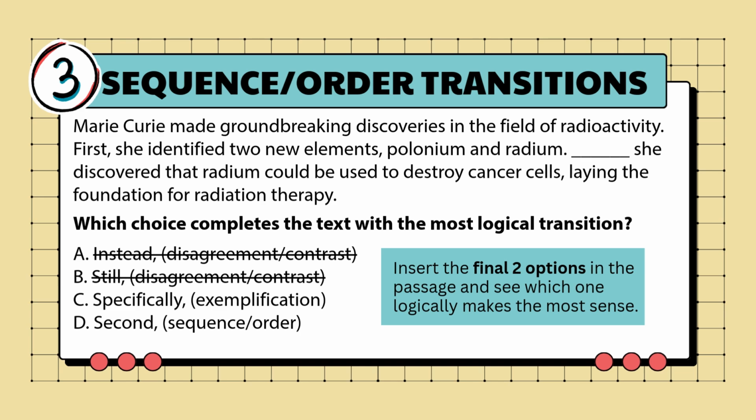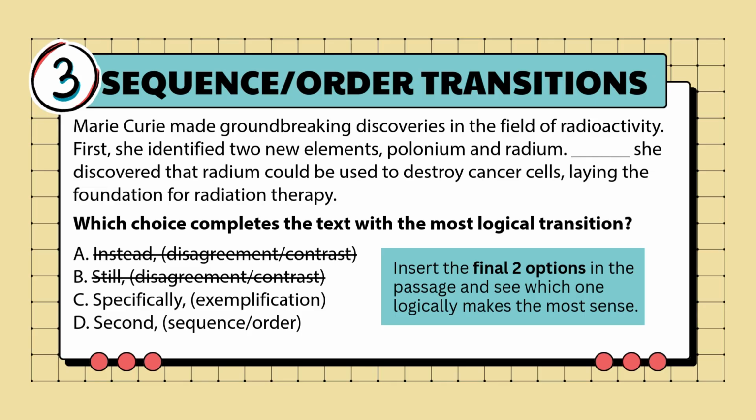Finally, we need to insert the two options that are left into the passage. Specifically, she discovered that radium could be used to destroy cancer cells, laying the foundation for radiation therapy. Or, second, she discovered that radium could be used to destroy cancer cells, laying the foundation for radiation therapy.